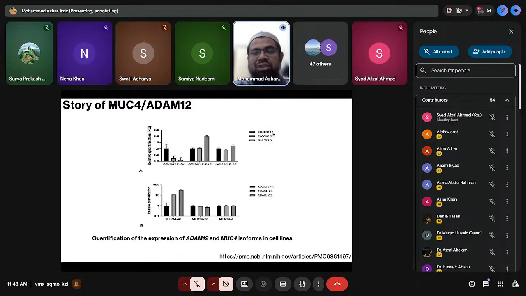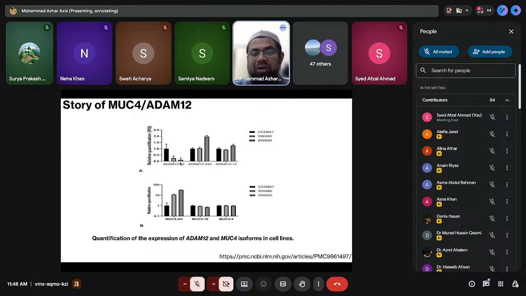So we chose three cell lines: CCD841, which represents a normal colon cell, SW480, which represents a primary colorectal cancer, and SW620, which represents an advanced metastatic colorectal cancer. We checked the expression of MUC4 and ADAM12 in these cell lines to know if there are any changes in these states. If there are, yes, we can use them as biomarkers.